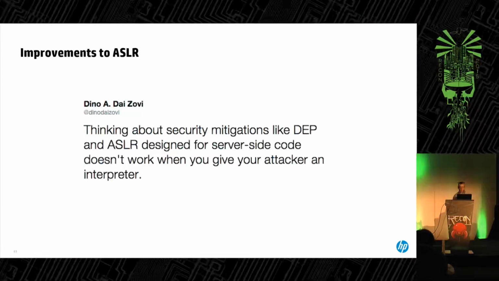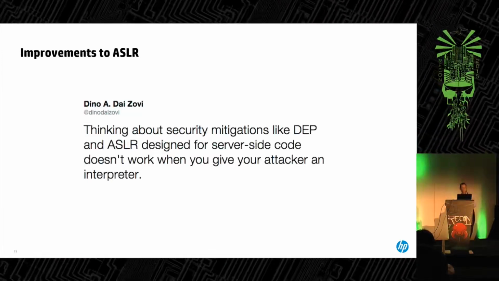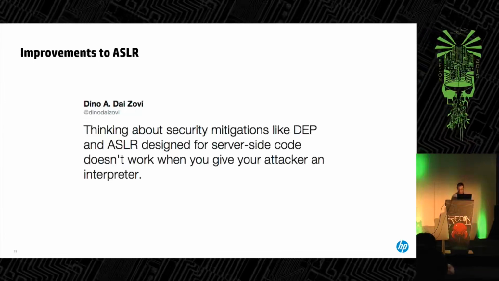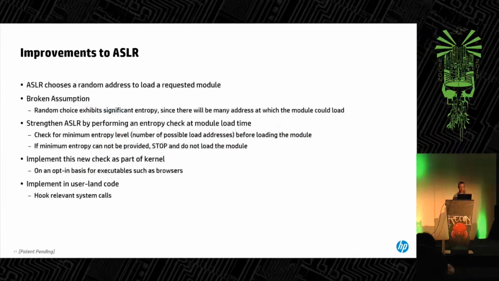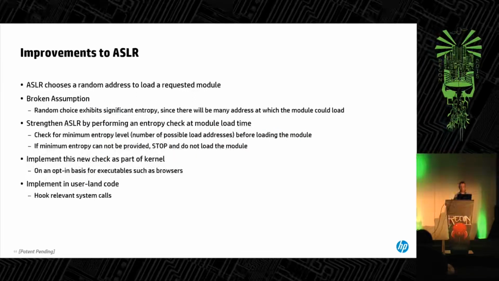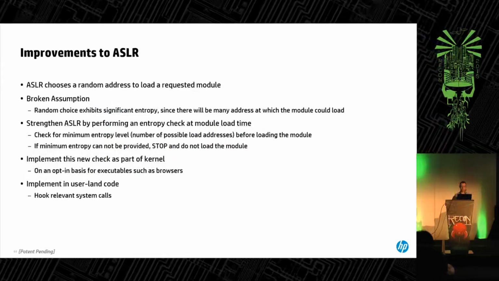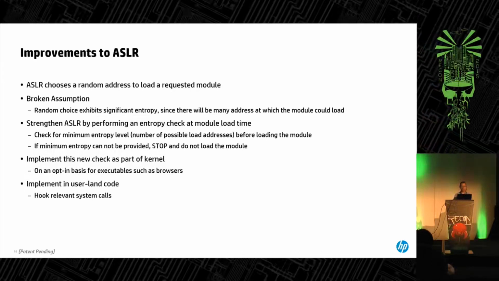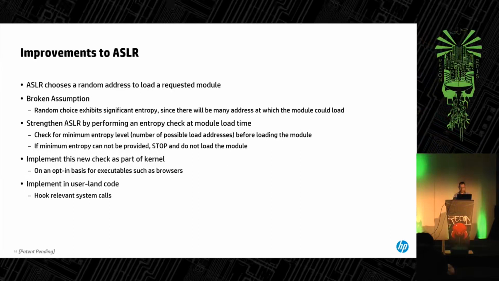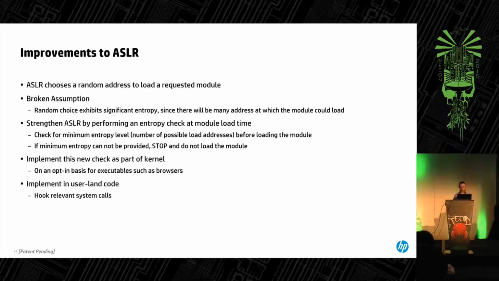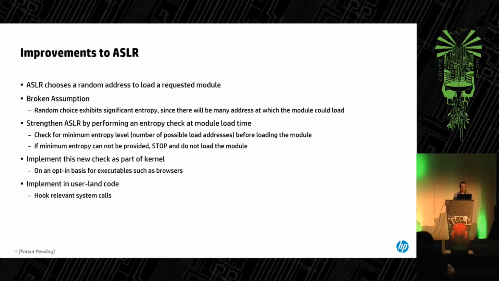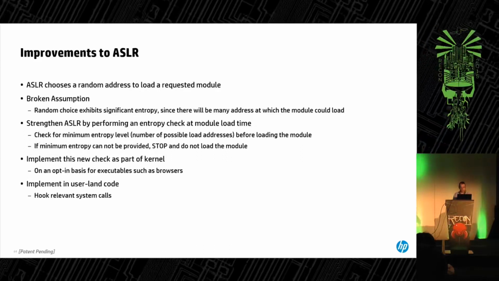So I feel that ASLR needs to be strengthened for the browser because the browser is an inherently more hostile environment. Here's the particular assumption that ASLR makes: that when it chooses a load address for a module from among the set of possible load addresses, this random choice will exhibit a significant amount of entropy. But an attacker can break this assumption by radically narrowing the set of possible load addresses before the module loads.